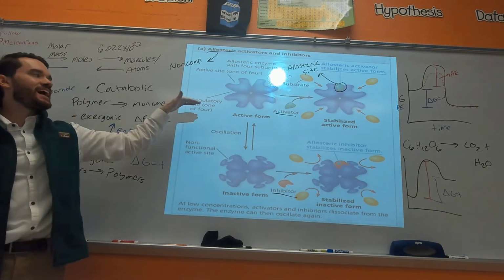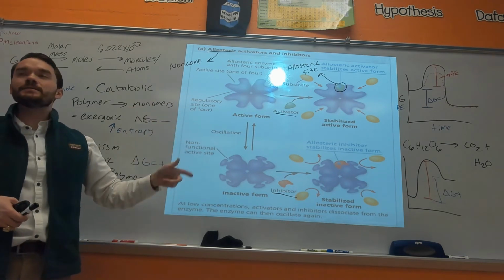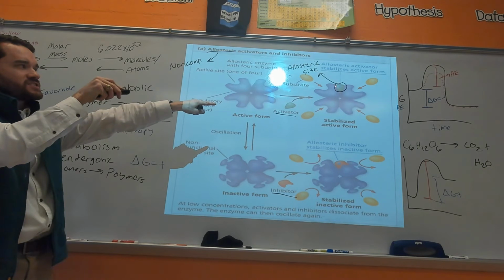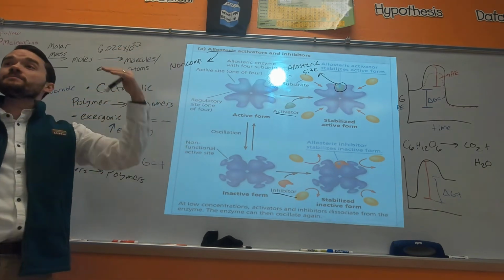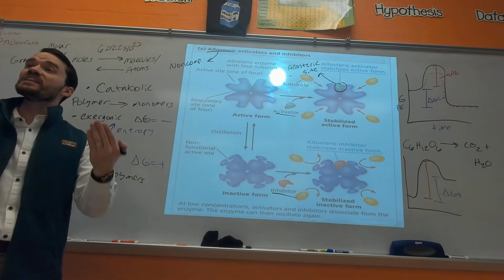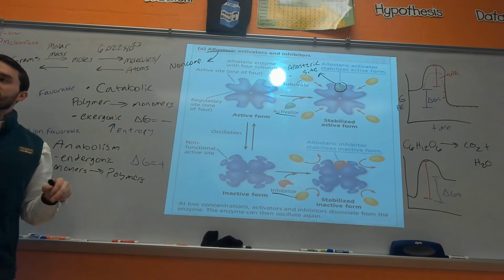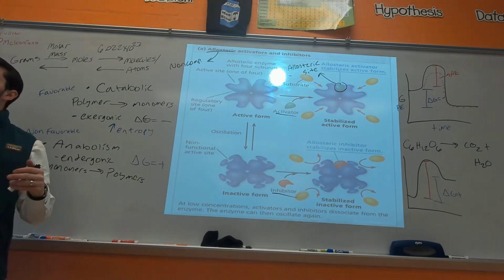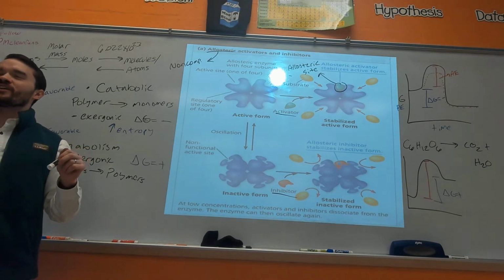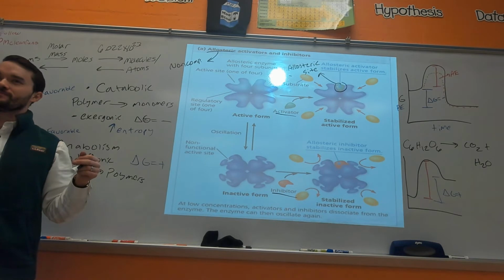So there's a baseline level of activity that enzymes naturally have. If I need that enzyme to be more active, that's when you put in the activator that binds to the allosteric site. Or if you need the enzyme to be not as active, you don't want to do that metabolic pathway because you have limited energy for your cells, you'll use an inhibitor to block that active site. Okay? It's very elegantly simple. Once you see that's how it works, it makes a lot of sense that it would work that way.